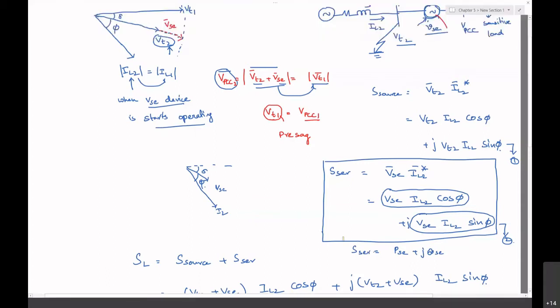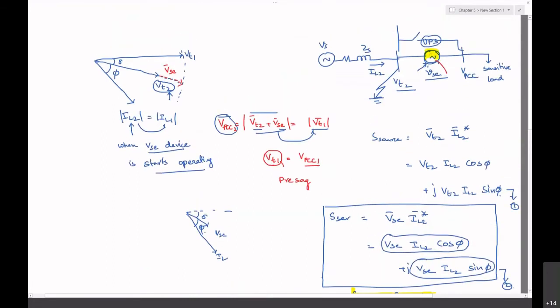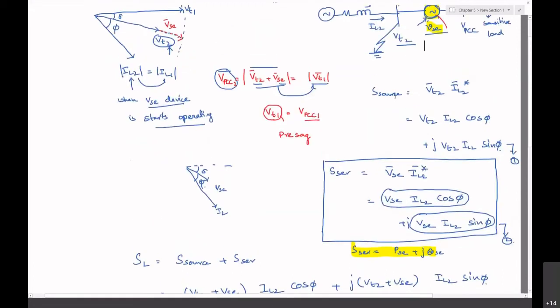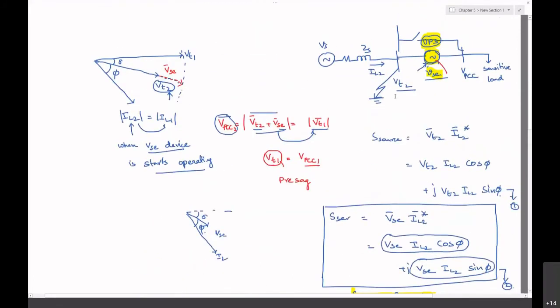This is the power which is required by this compensator. What I was explaining about the UPS is almost similar to this compensator, which is used to correct the voltage sag. But the UPS starts functioning when there is an outage, whereas this is a series device which is going to operate even under sag conditions.